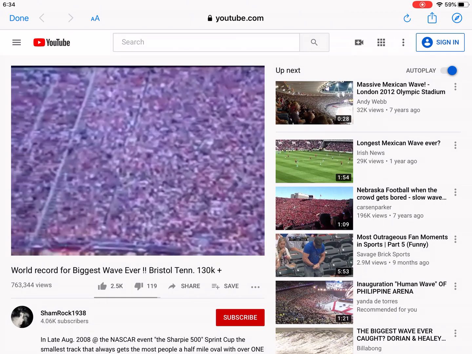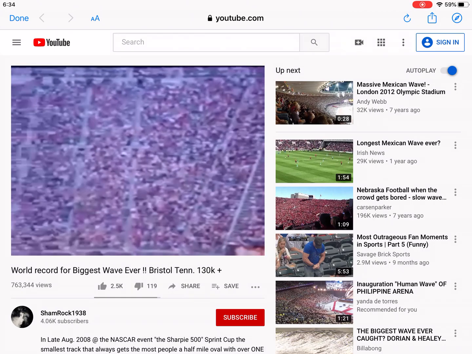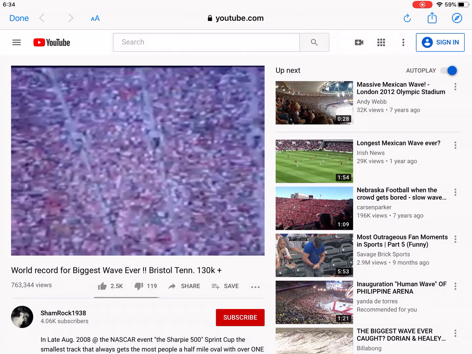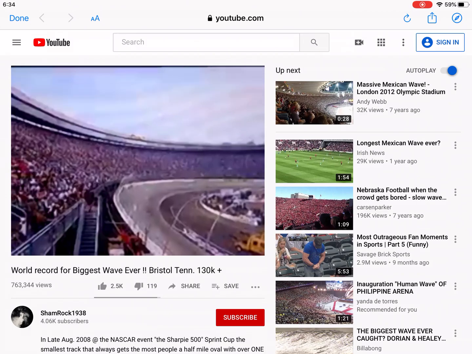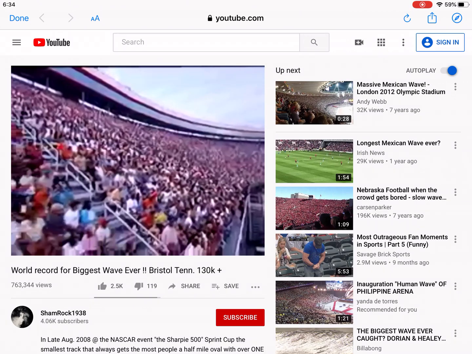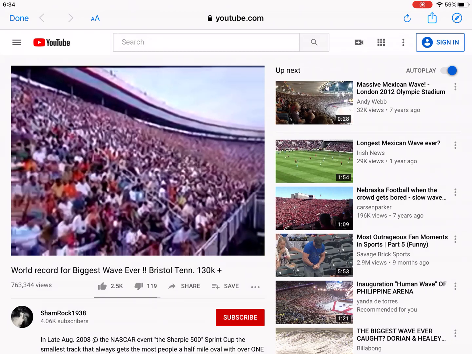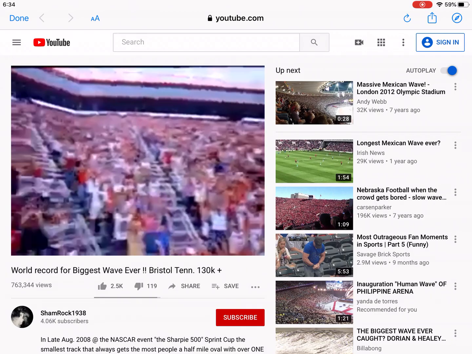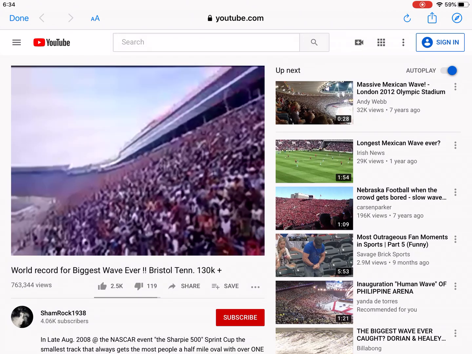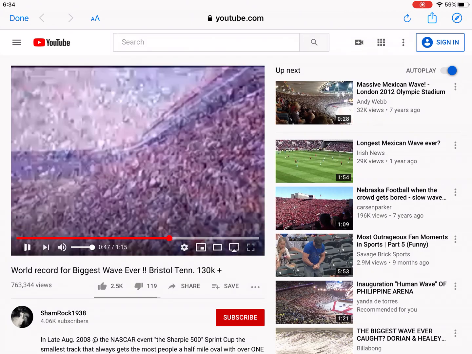Looks like it's getting off turn 2 pretty good. Building a little momentum down the backstretch here. Got to get it to turn 3. We're going to have a record if they can make it all the way around. They would break the record by some 50,000 fans. And they have... Okay, that's enough of that.